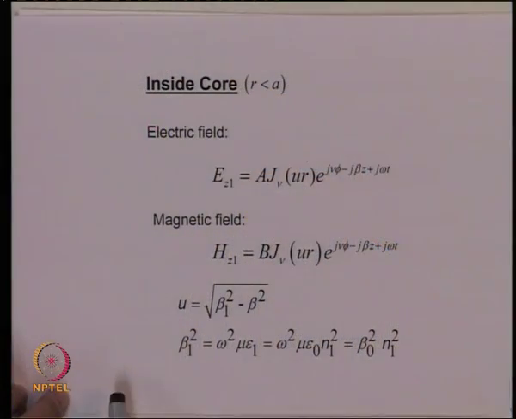If you assume an infinite medium of refractive index N1 and ask what the phase constant of a wave in that medium would be, that is beta 1. So, beta 1 square is beta naught square multiplied by N1 square, where beta naught is the phase constant of a wave in vacuum.